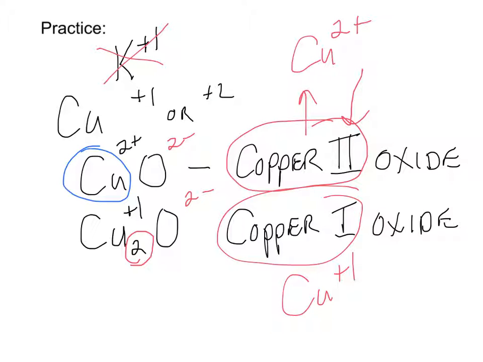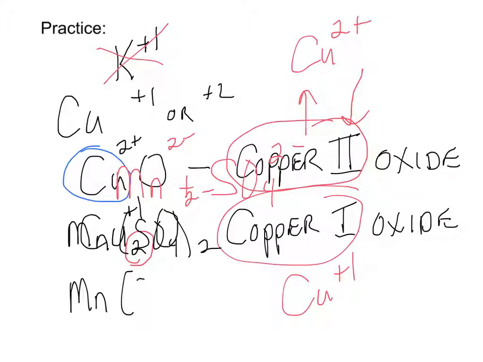So manganese plus sulfate. We know that sulfate has a 2- charge. We don't know what the manganese has on it unless we see a compound formula. So if I see a compound formula that looks like this, MnSO4, and this one has a 2 on it, and this one has, let's say, a 4 on it, then that's going to tell me what the charge on this manganese is.